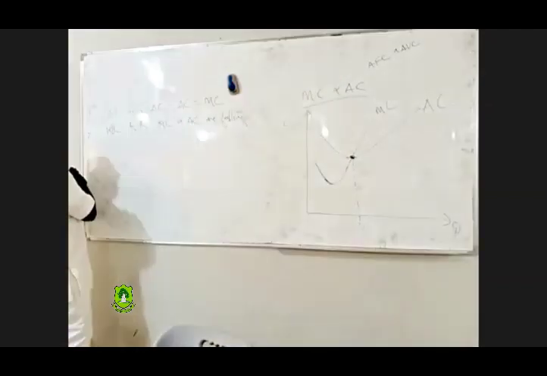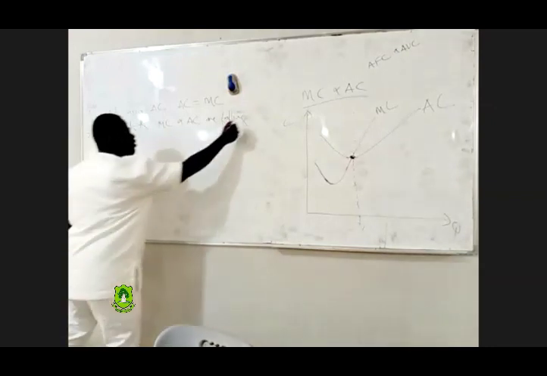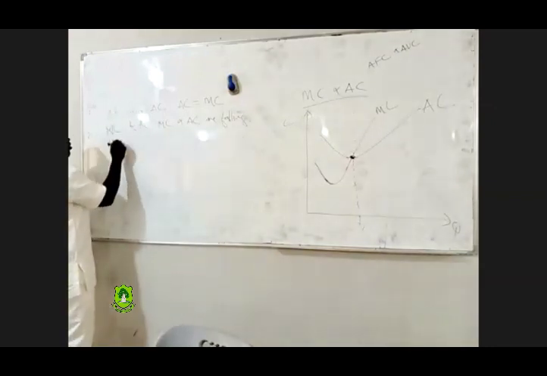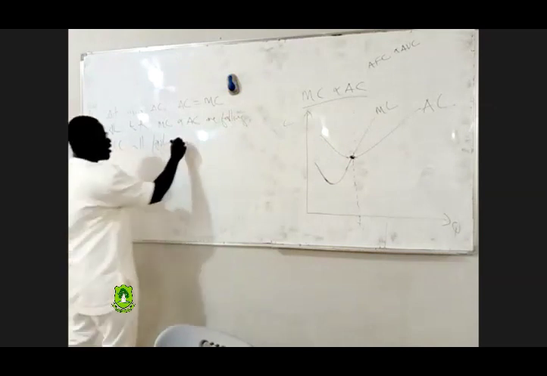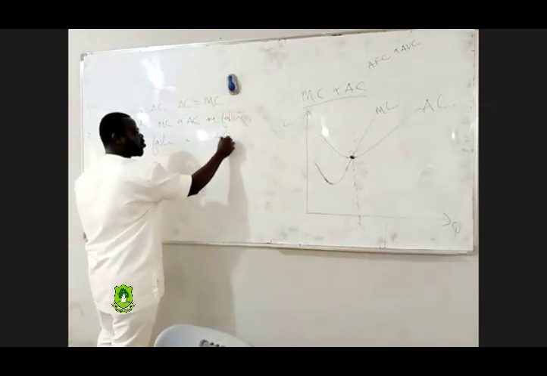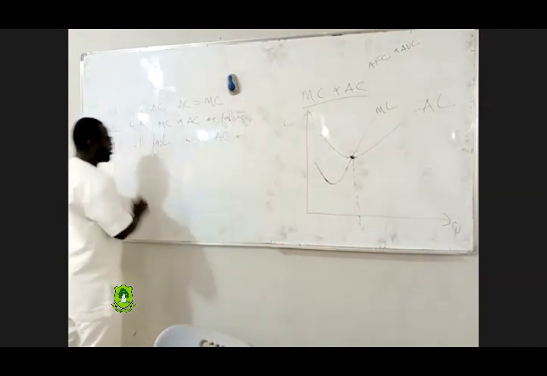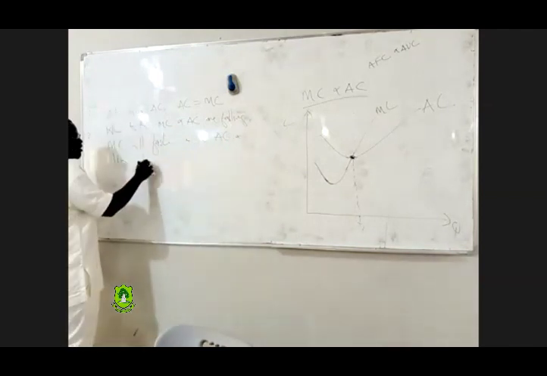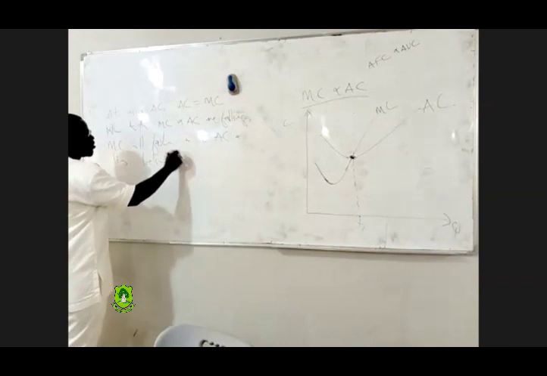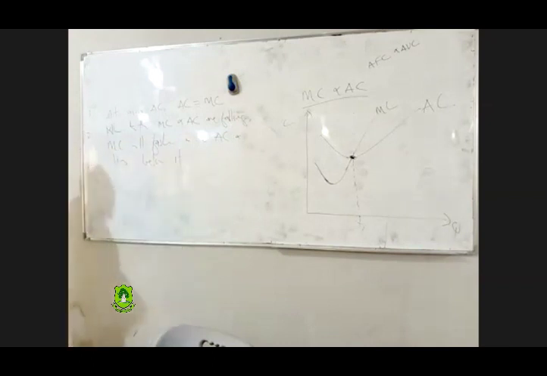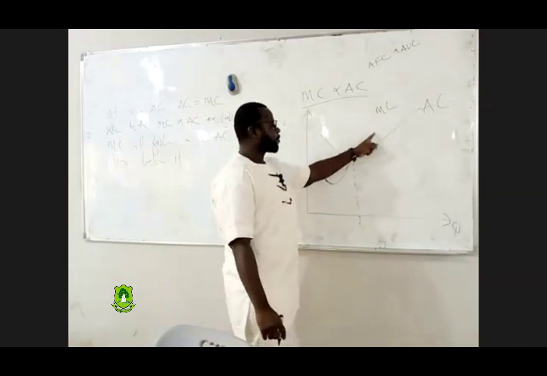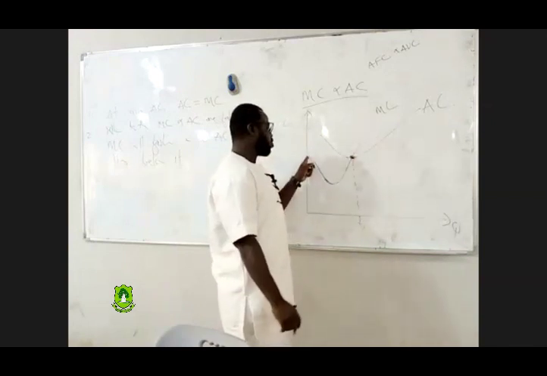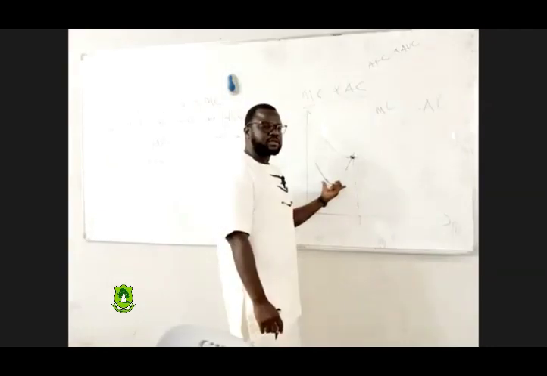So when both marginal cost and average cost are falling, the marginal cost will fall faster than the average cost, and therefore lies below it. So because it's falling faster than the average cost, marginal cost will lie below what?